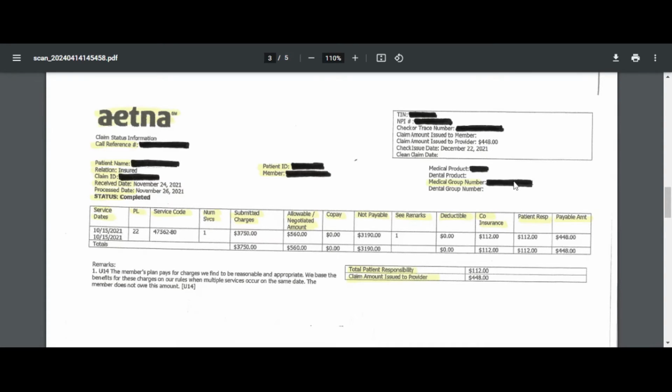Then you go over to the right, you see medical product, dental product, medical group number, dental group number. Again, some of this information may not apply to you for every single claim, but there may be a situation where it does apply. So let's say, for an example, you have a patient, they had 2 different Aetna accounts.